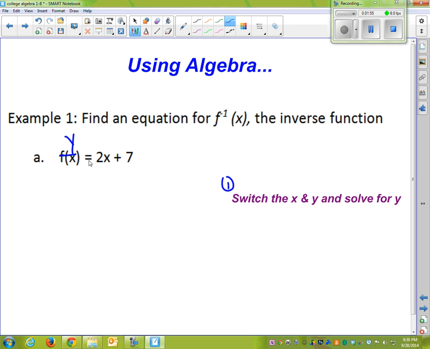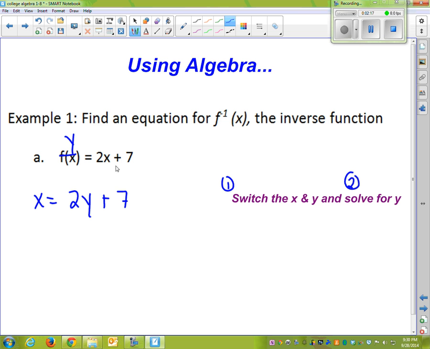So instead of y equals 2x plus 7, x equals 2y plus 7. Step number 2, we're now going to solve for y. By doing it this way, it forces us to undo the original equation.